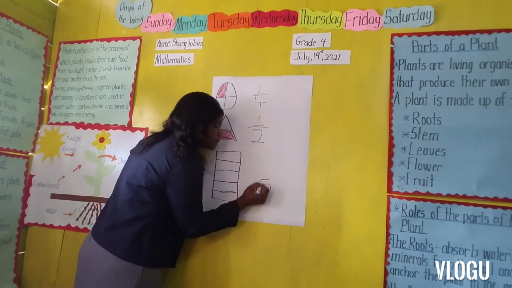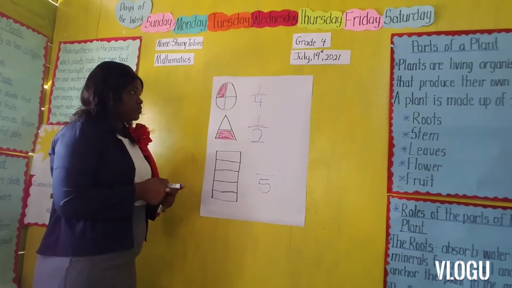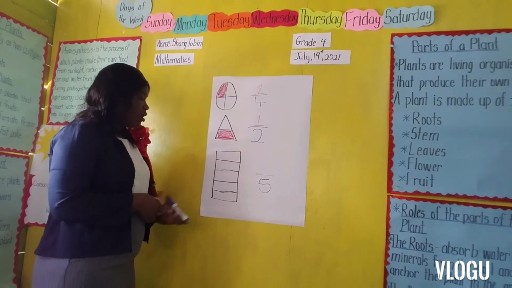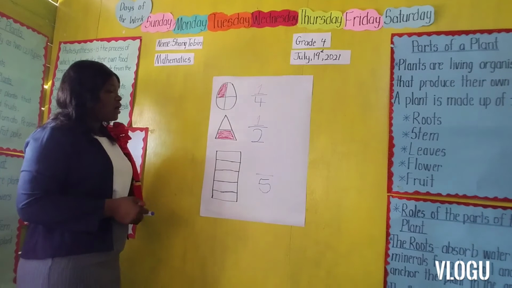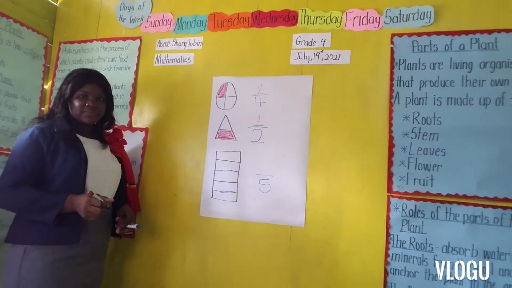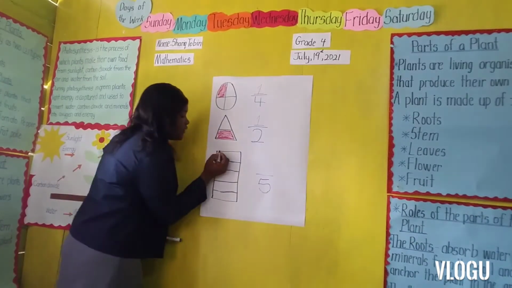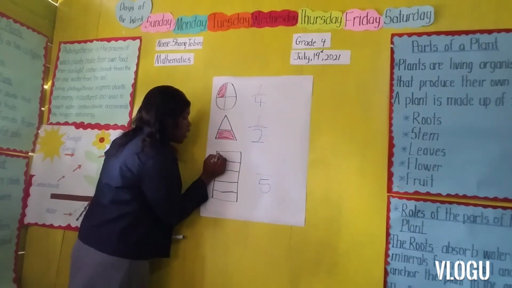Alright. So how many pieces of the 5 would you like to be shared? 3 pieces, okay. Let's count.